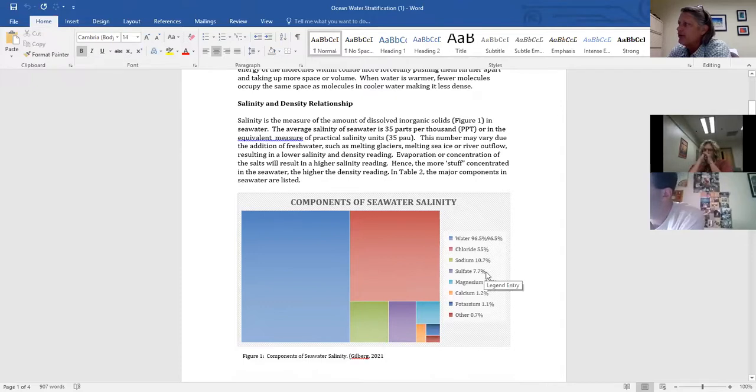And then you have others like sulfate, magnesium, calcium, potassium. But really, seawater is 96.5% water, and then 3.5% other. That's where you get the 35 parts per thousand. That's 3.5%. The more salt there is in water, the more solids there are in water, the denser water becomes. Another direct relationship.